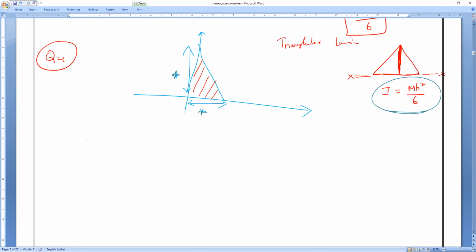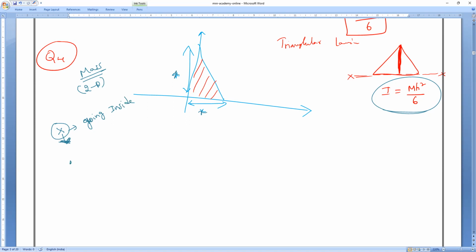So now I will use two symbols. If I put a cross, it indicates, like in 10th class, into the field and out of the field, out of the page and into the page. Do you remember, everybody? If I put a cross mark, it indicates going inside, into the field or into the page. Keep it in mind.